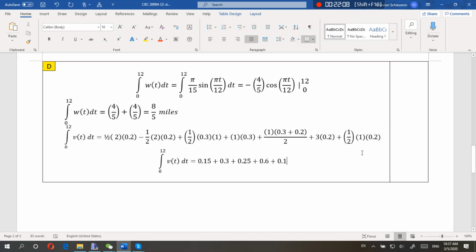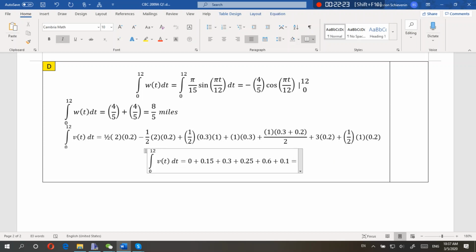Okay, so what happens when I add all this together? 0.3, 0.45, 0.7, 1.3, 1.4. Okay, 1.4 units? Miles.